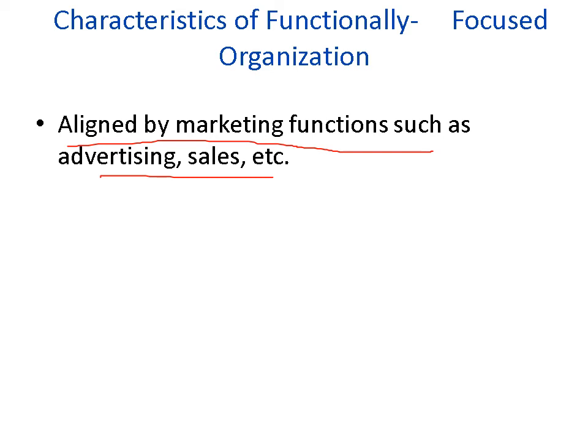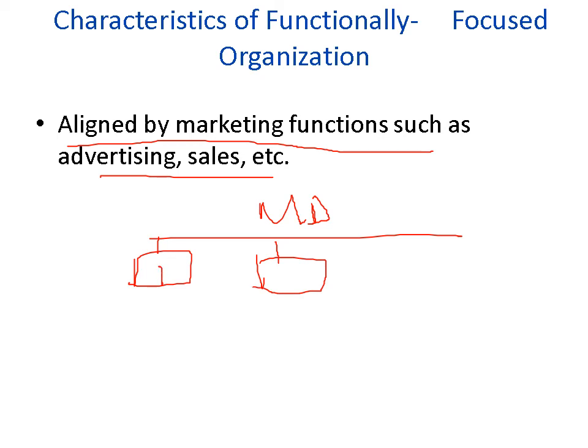There is another example: if this is the marketing department, you could organize by the four Ps: product, promotion, and placement. That's another function of the marketing department.